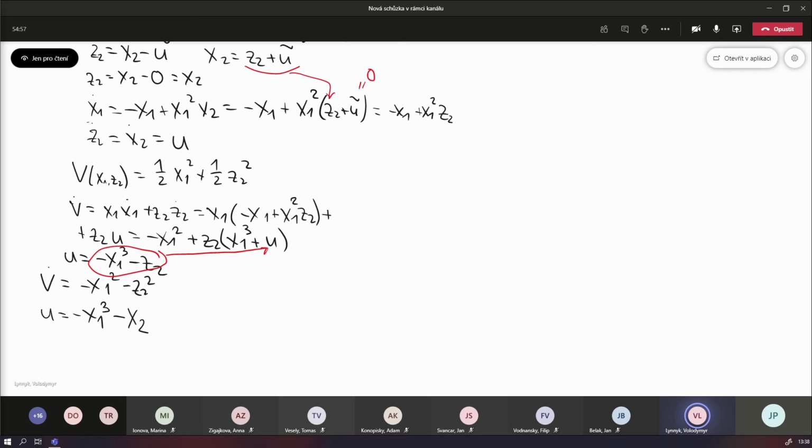Okay, let's do another example. Can we do some example for backstepping?